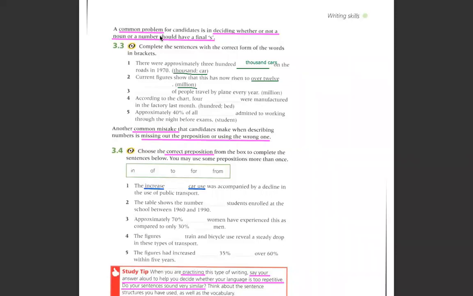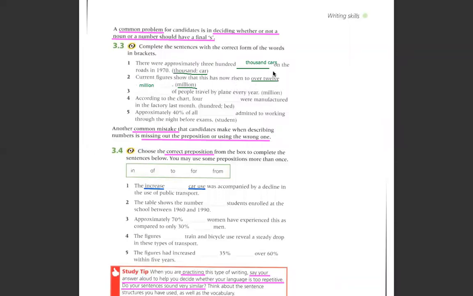Current figures show that this has now risen to over 12. The correct answer here is million. I see most of you are writing millions. So if you got this wrong, please make a note of it, write it down. This is not millions, it's million.